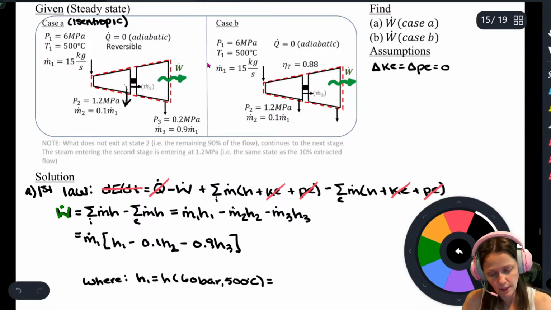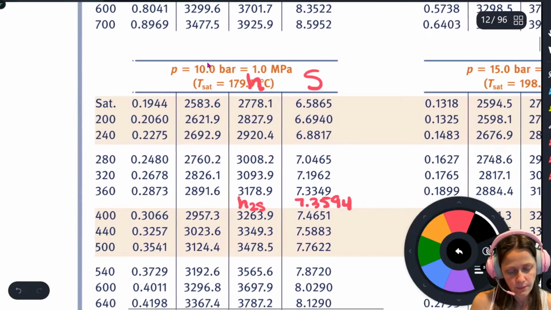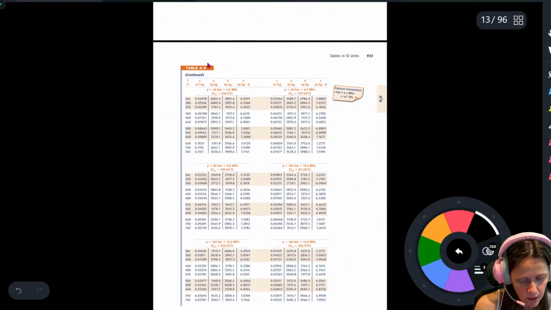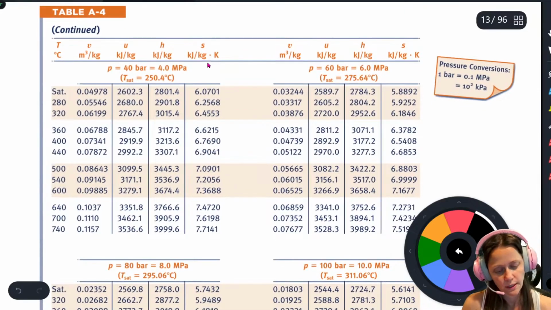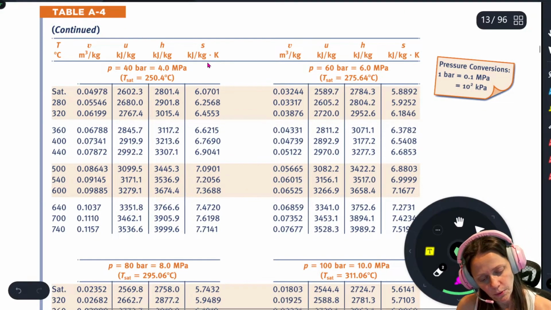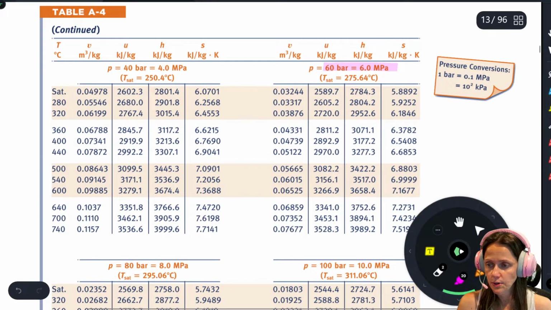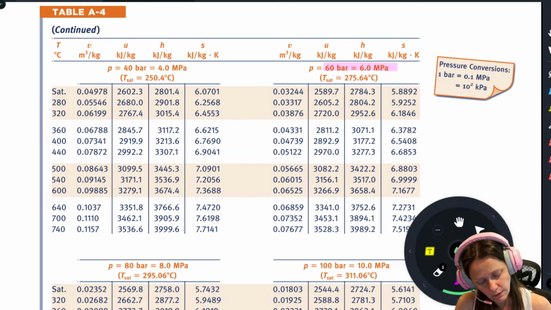Let's see what I've got. Kind of in the right area. So table A4. There we go. Perfect. So 60 bar.